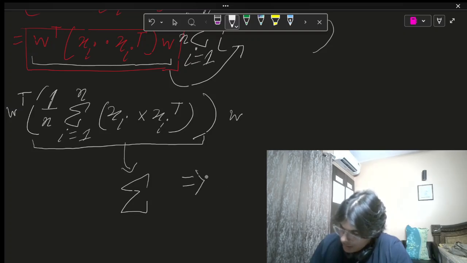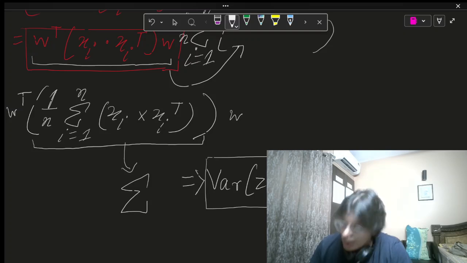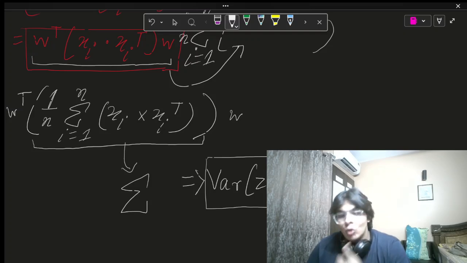We can say that the collective variance is nothing but w transpose multiplied by the covariance matrix multiplied by w. Again, I need you to remember the symbols, because that is the main thing here. What is this w? It is nothing but our assumed direction.